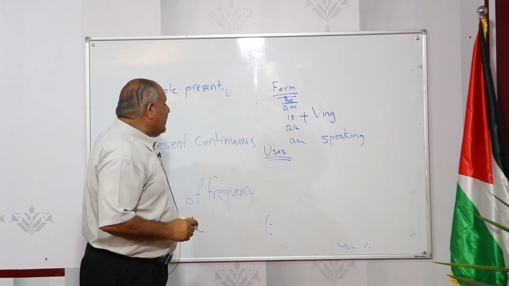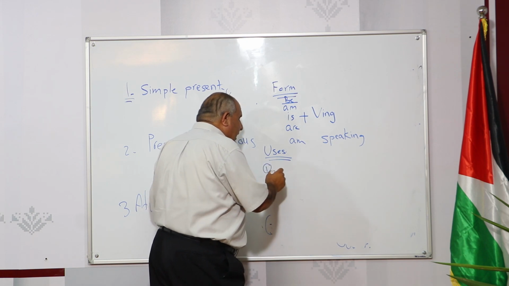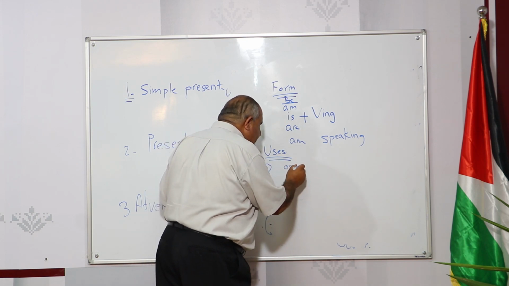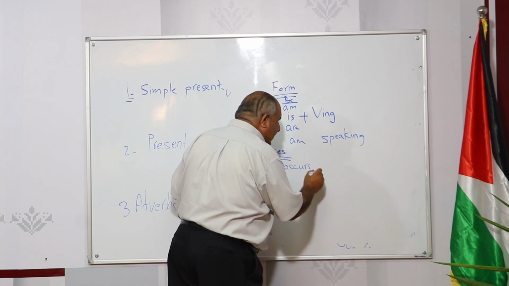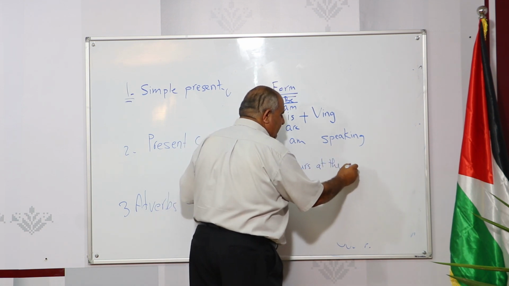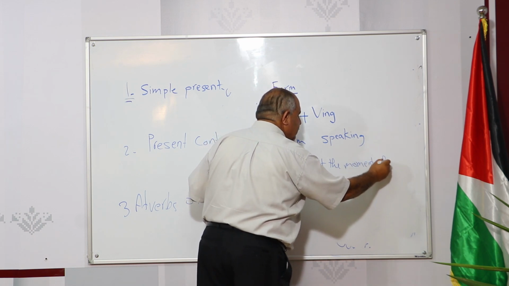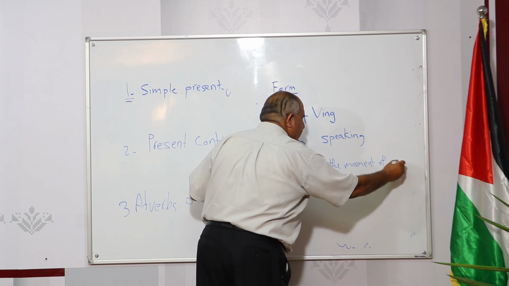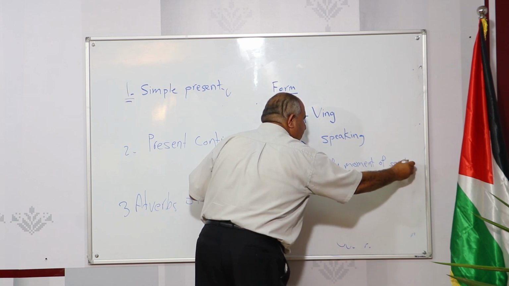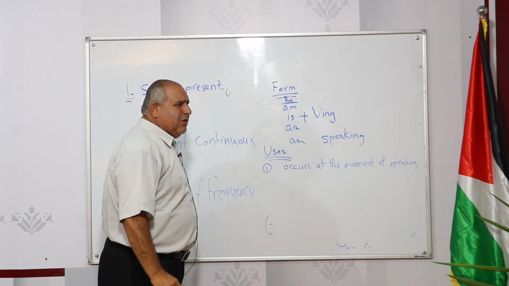The present continuous, number one, expresses an action that occurs or happens at the moment of speaking. Now, what do we mean by the moment of speaking?